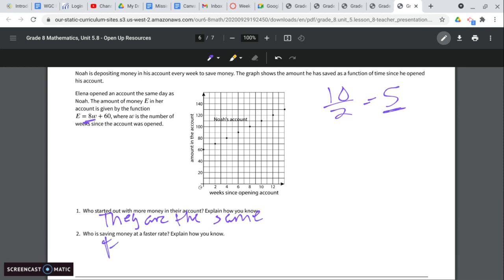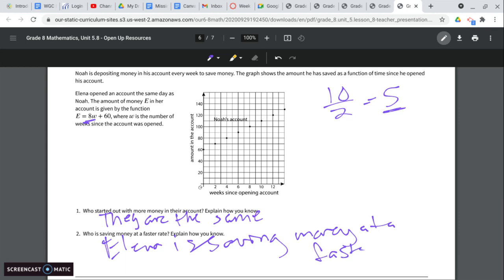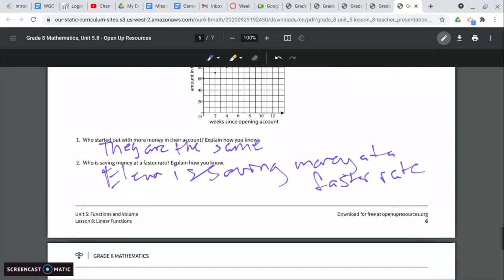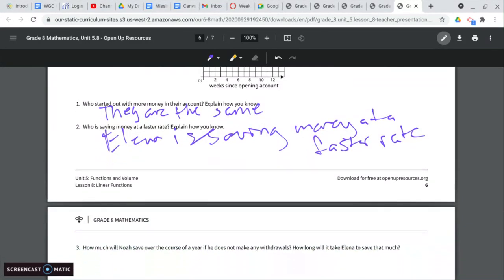So Elena is saving money at a faster rate.